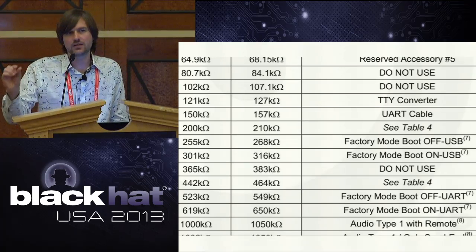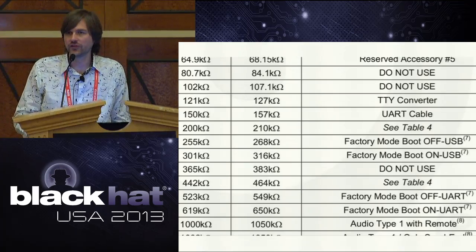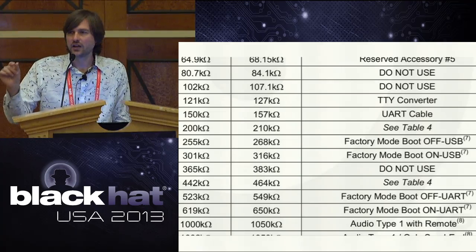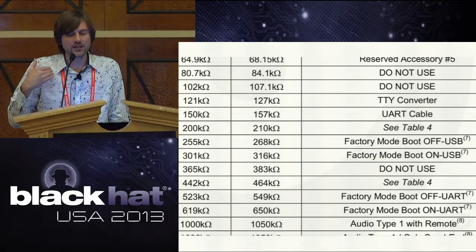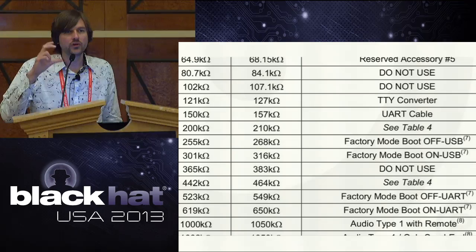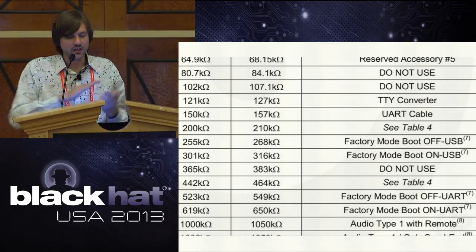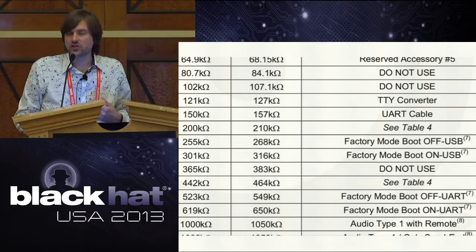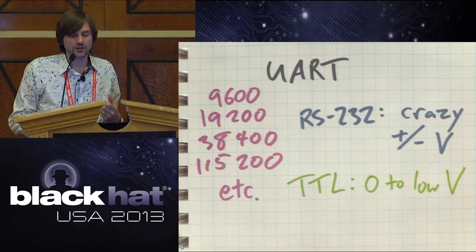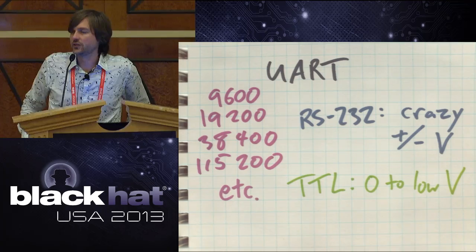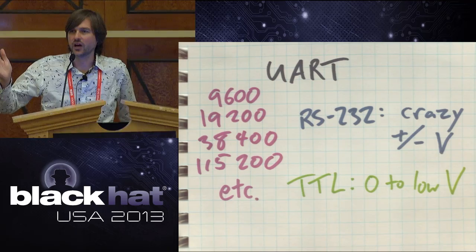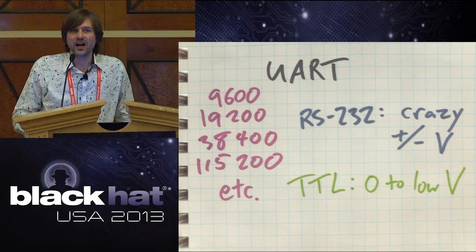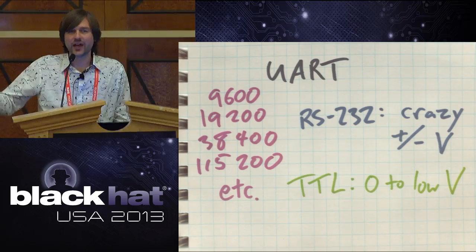If you just connect a 150 kilo ohm resistor, it's like a 1 cent part, in between the ID and the ground, it connects the USB connector on your target device into a TTY UART that you can talk to. So what's a UART? It's a serial port. There was a talk earlier today that was a really good primer to UARTs, I think. Did anybody go to that? That's exactly what we have here.